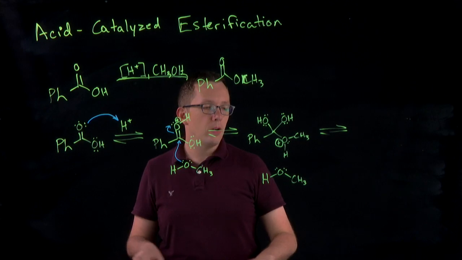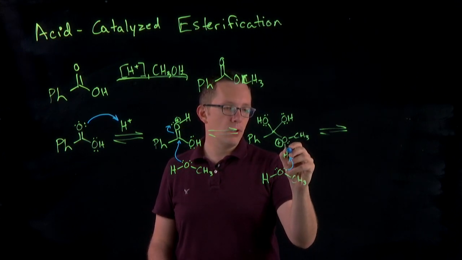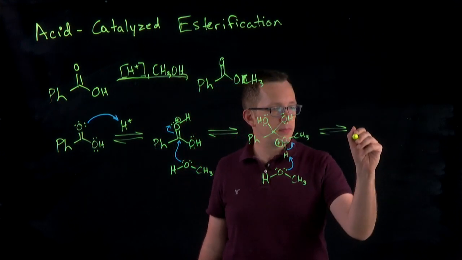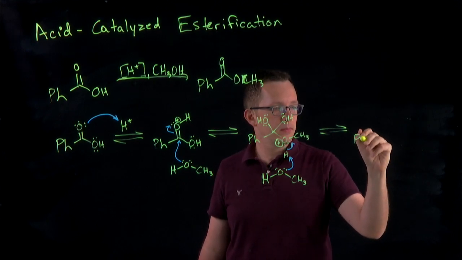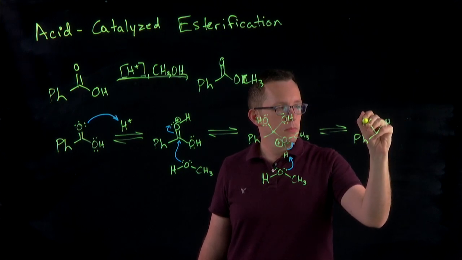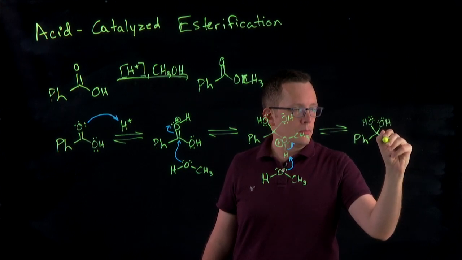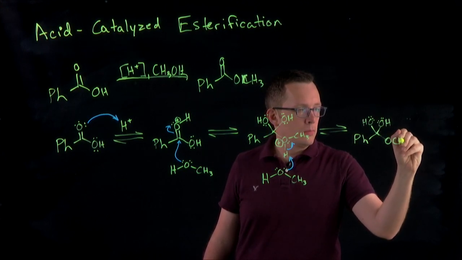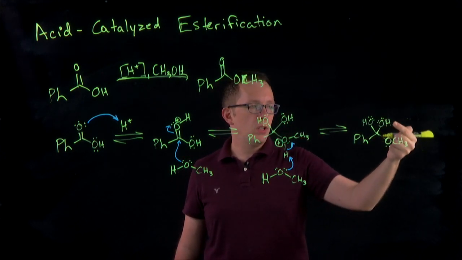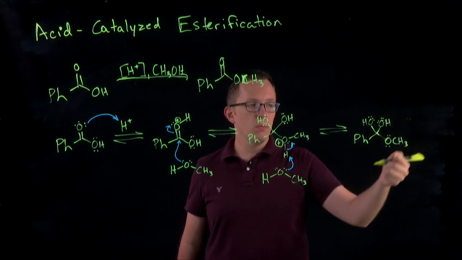So we'll take a lone pair on methanol, and that's going to remove the extra proton we have here, and we're going to push that up towards the positively charged oxygen.